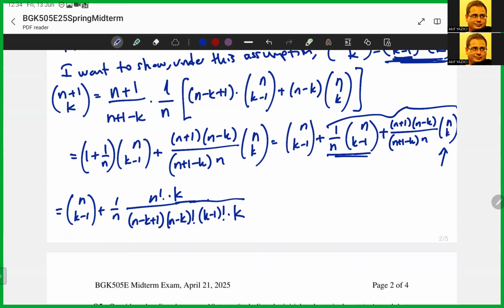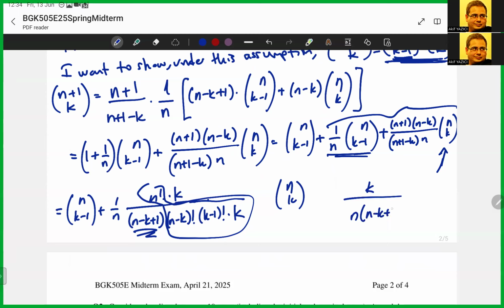Okay, so you see now, if I take this out, this entire thing here is going to become n choose k, like so. And therefore, I'm going to replace all these with k over n times n minus k plus 1 times n choose k. So I'm going to erase all these.